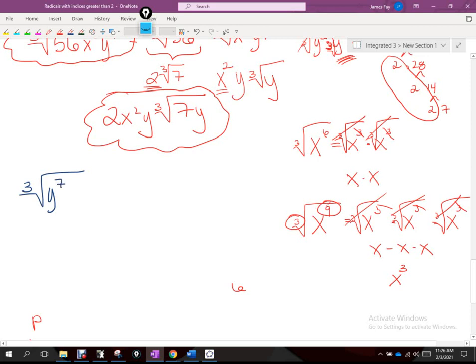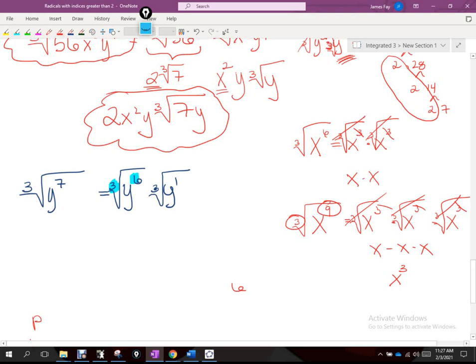Okay, 7 is not a multiple of 3. So what I want to do is rewrite it as y to the 6th times y to the 1st, because the 6 is a multiple of 3, right? So now if I take the cube root of y to the 6th and the cube root of y to the 1st, here we see that relationship where 6 is a multiple of 3. So now we can just do the division.